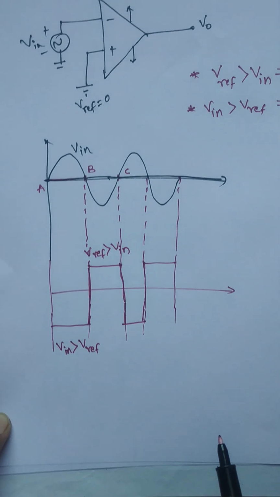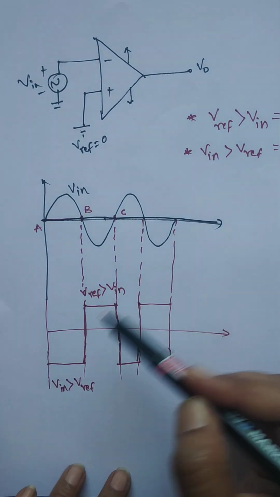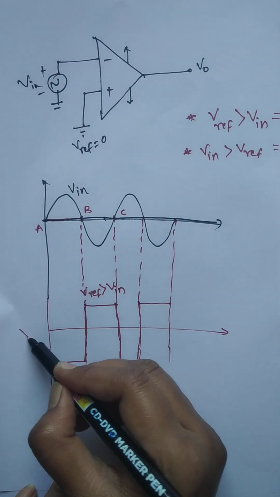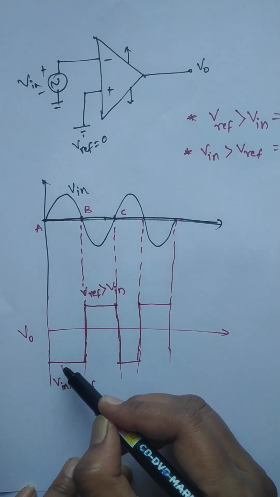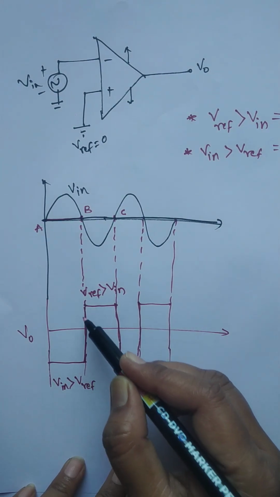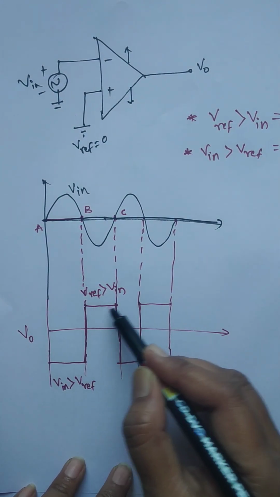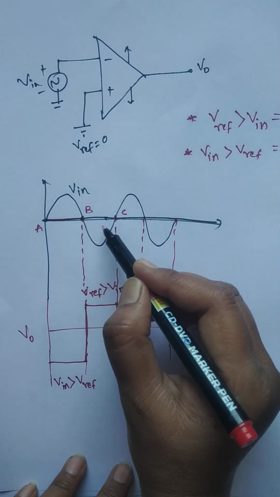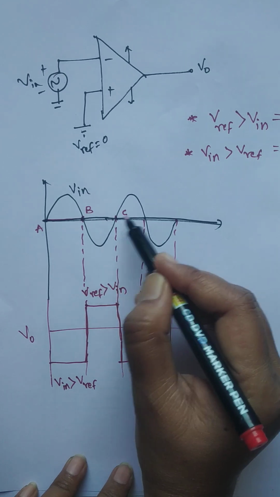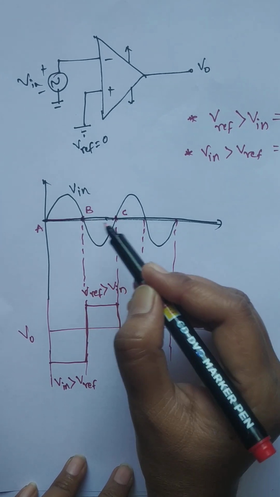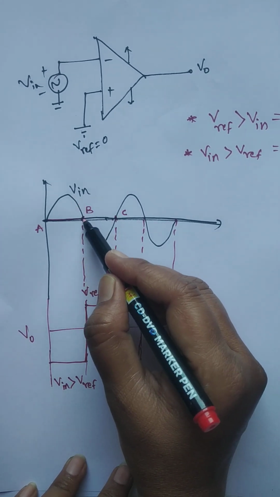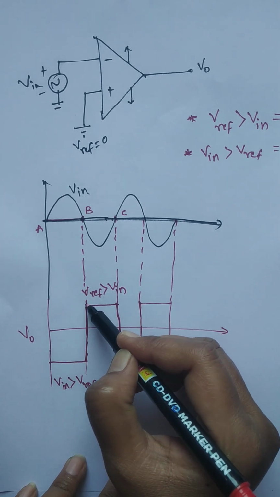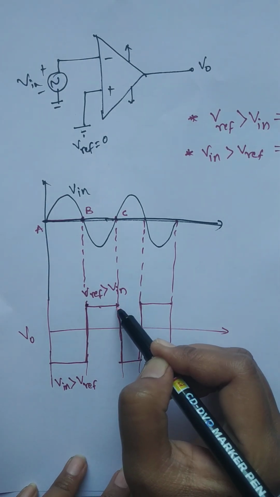Now what is happening in this circuit is, you can see the output voltage is switching from lower value to higher value and higher value to lower value. At which point? When input is crossing the 0 line. When input is crossing the 0 line, at that time output voltage is switching.